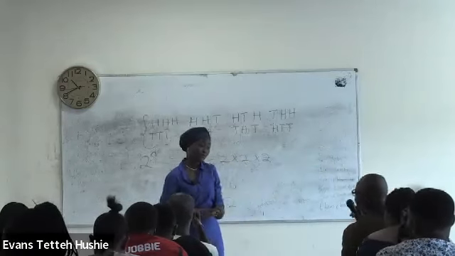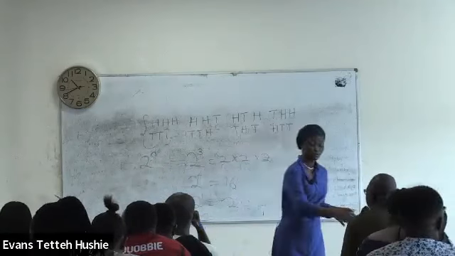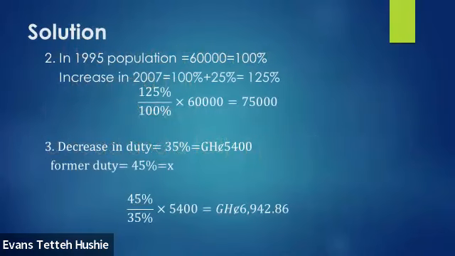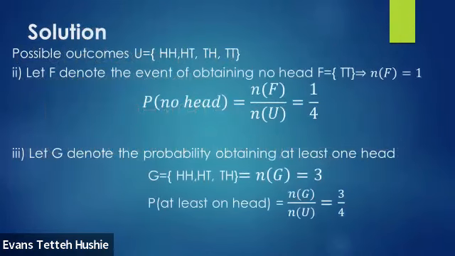Did we have 3 somewhere? 3 over 4, at least 1 head. Okay, let's note the probability of obtaining at least 1 head. If it's at least 1 head, you can have head tail, tail head, and head head. That is 3, all over the total possible outcomes of 4. So you have 3 over 4.